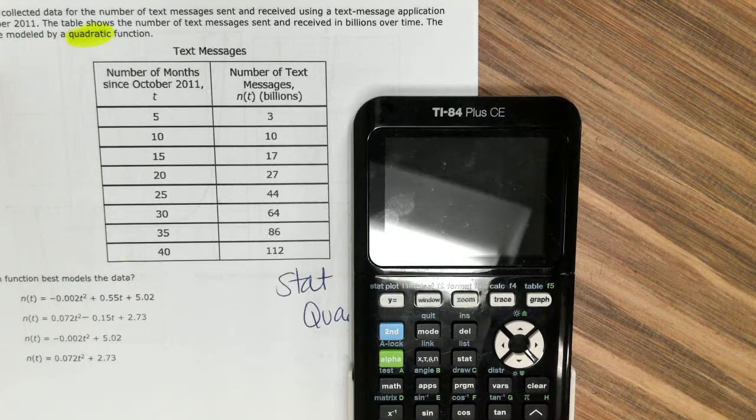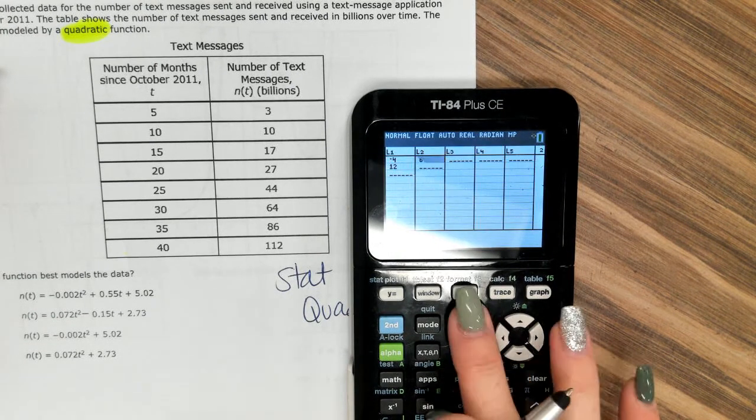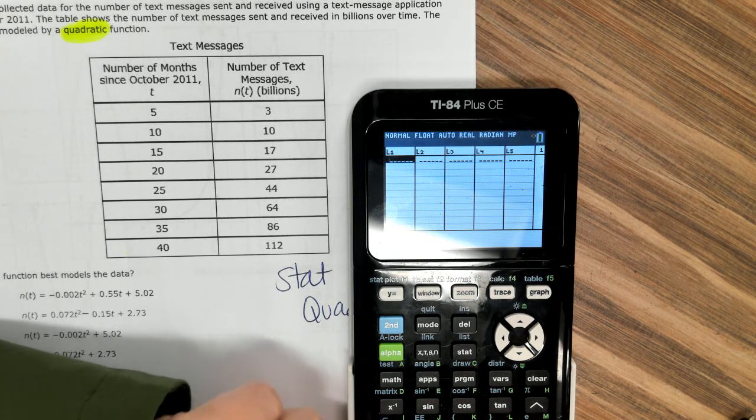Everybody open your calculator and go to stat. Delete whatever's there. Now, when we're talking about quadratics, you have to put in the entire table, so literally every single data entry.